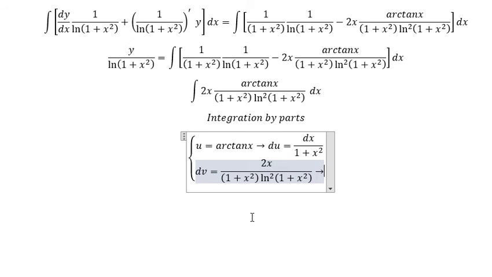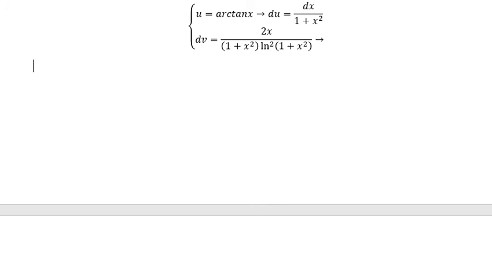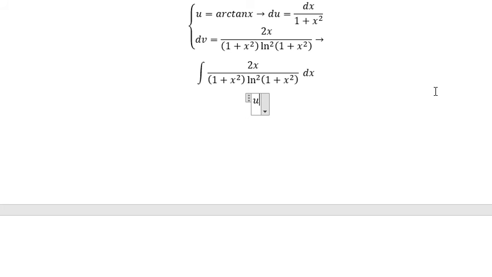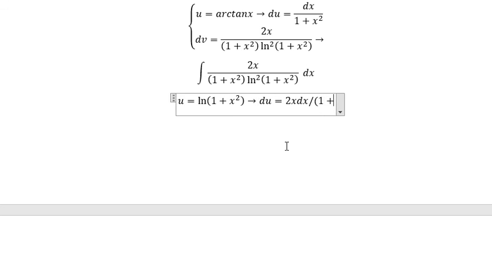Now I need to find this integration. So I will put u equal to ln of 1 plus x squared. Later we take the first derivative of both sides, and we have 2x dx over 1 plus x squared.